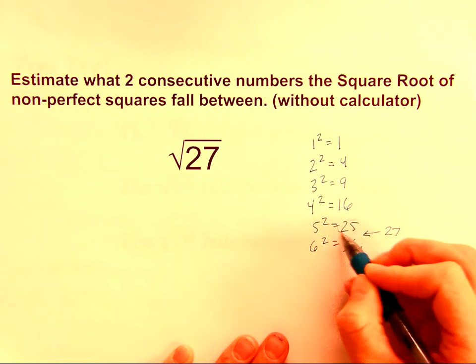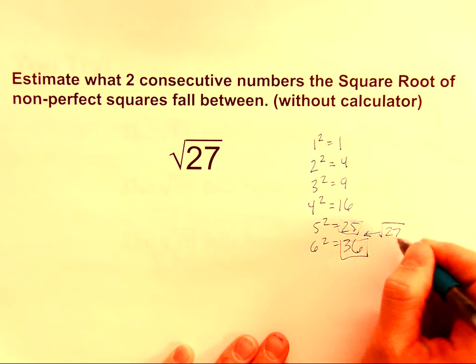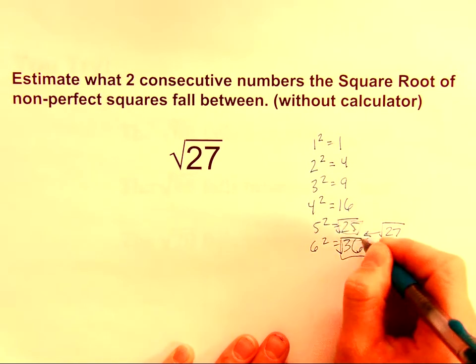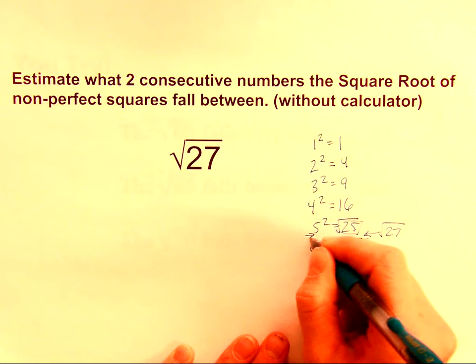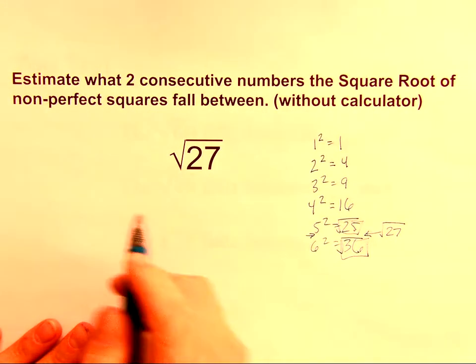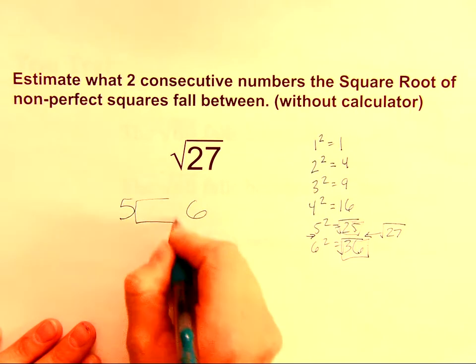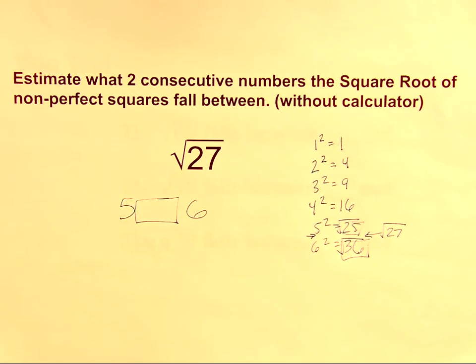It falls between these 2 perfect squares, which means the root of 27 is also going to fall between the root of those perfect squares, so between 5 and 6. So the square root of 27 falls between 5 and 6, somewhere in the middle, so 5 point something.